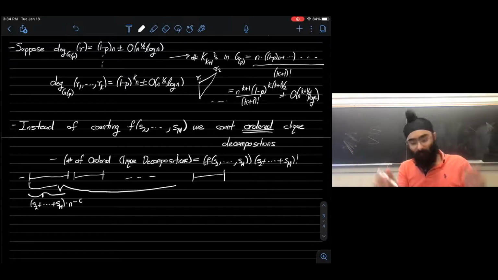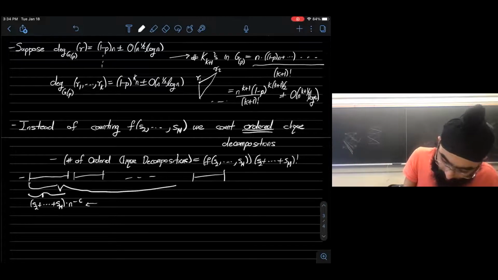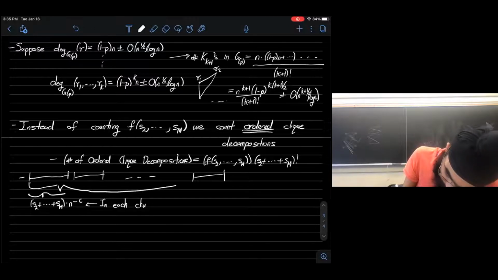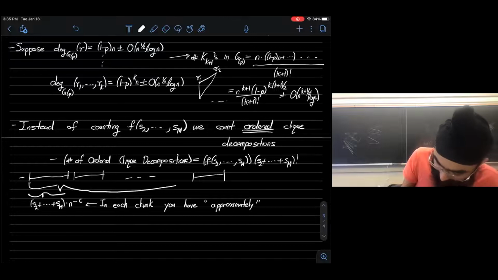And in each chunk you have approximately, and you need to be slightly careful with what I mean by approximately here, s_i times n^(-c) cliques of size i.